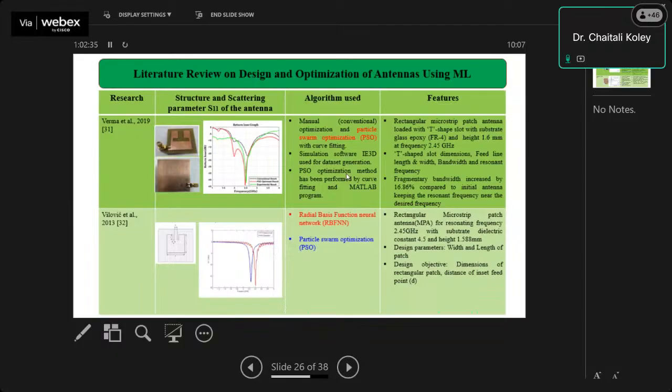What algorithm have they used? Here also they have used particle swarm optimization. And this antenna is created based on the result of a neural network.